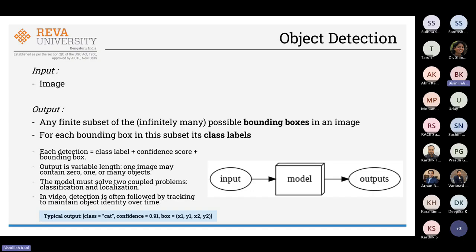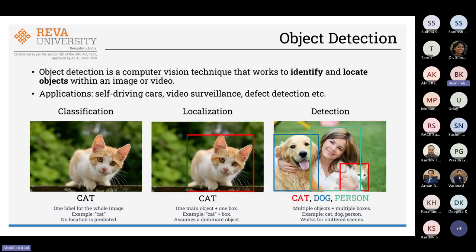So an object detection model takes an image as input and outputs a finite subset of possible bounding boxes in the image. In the previous example, if I give this image as input, it will output 3 bounding boxes.